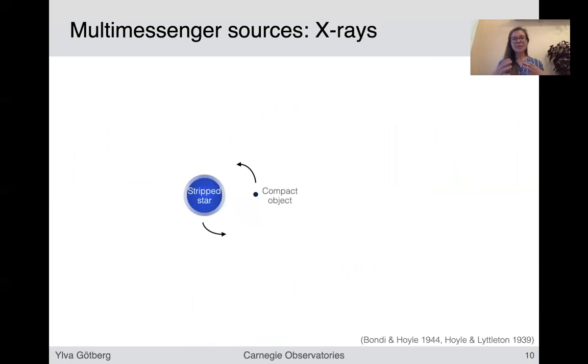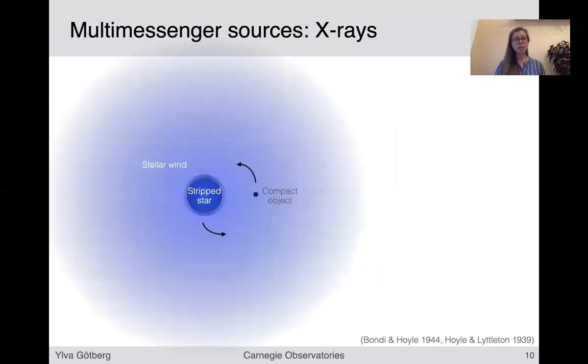However, there is another electromagnetic signal that I think is quite exciting, which is the X-ray signal. If we now look at this cartoon here, where the stripped star is moving in orbit with the compact object, the compact object is actually moving through the stellar wind of the stripped star, and can therefore accrete material as it moves through the wind, which may lead to X-ray emission.